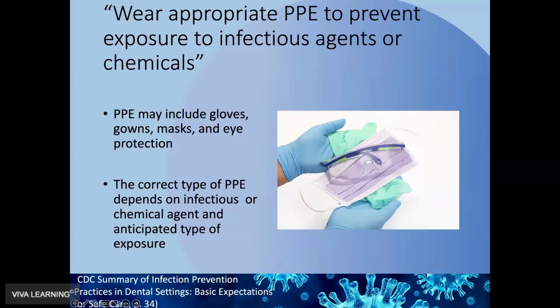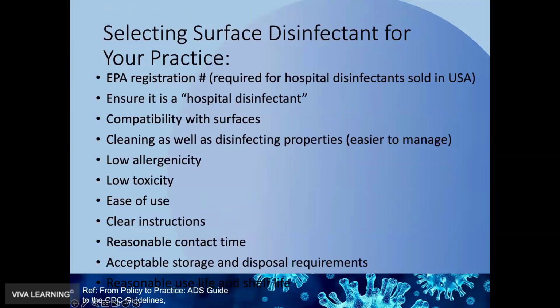And in the case of the United States, we ask that dental personnel wear heavy-duty utility gloves, and your canister instructions for use will specify that as well. The correct type of PPE depends on the chemical that you're using and the anticipated type of exposure as well. So do not underestimate the power of PPE and the protection it can provide.